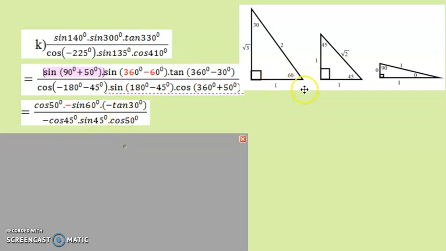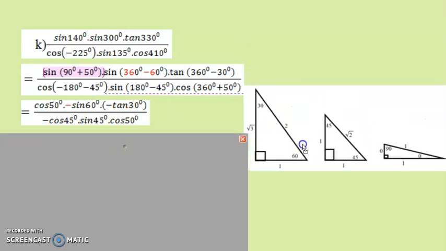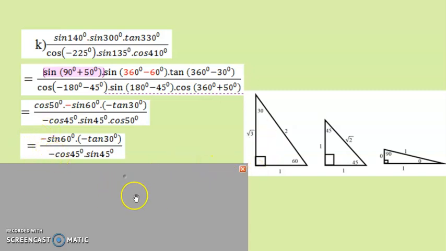But now I will have to use my special triangle because I won't be able to simplify further than that point. A common mistake made by students is that they forget this negative sign. They forget that there was a negative sign when they write these ratios down.